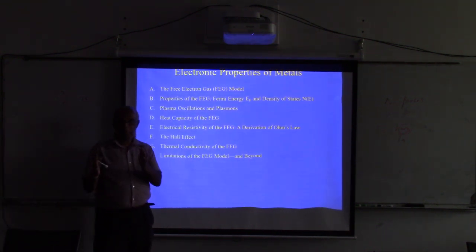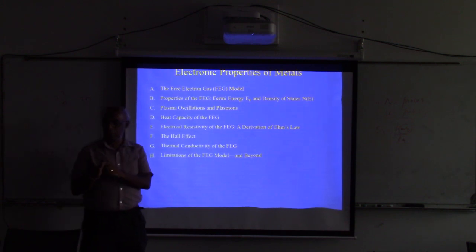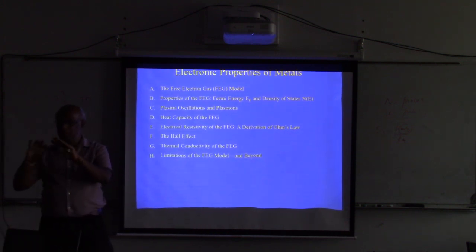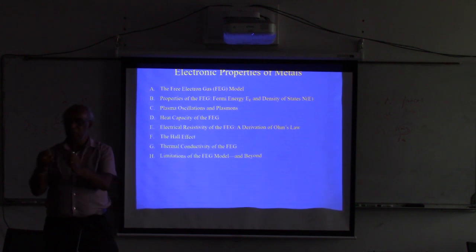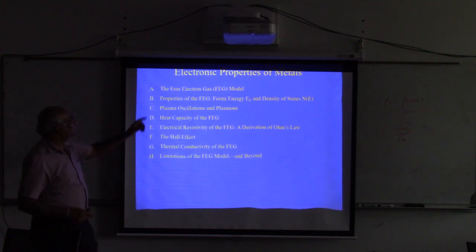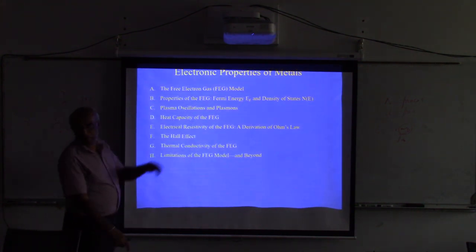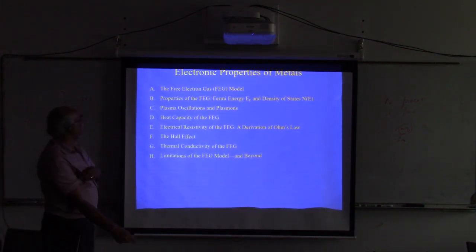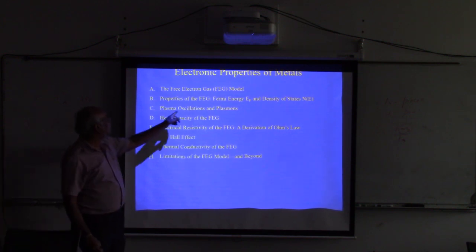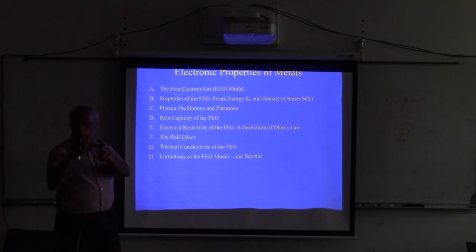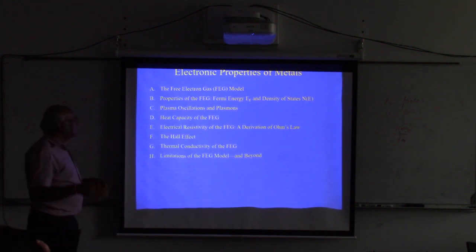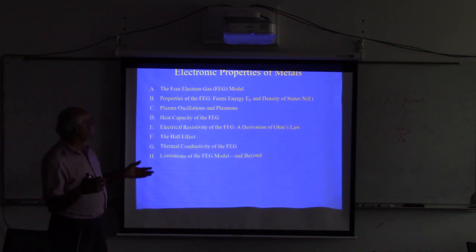In metals, we assume the electrons are free, not tightly bound to the ions. When the electrons come out, we call that a free electron gas model. It's a very crude model, but it can explain a lot of interesting properties. Since you have these free electrons, if you have an electric field, they respond by making oscillations. We call them plasmons, right? That's very important, like surface plasmons and volume plasmons. Now we have the surface enhanced plasmon things.